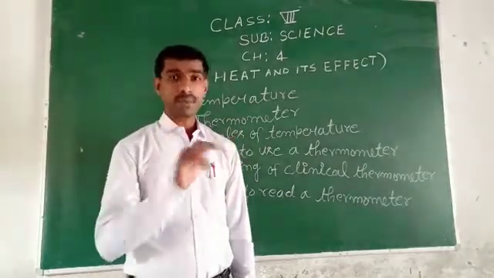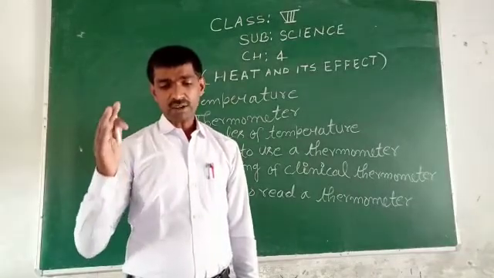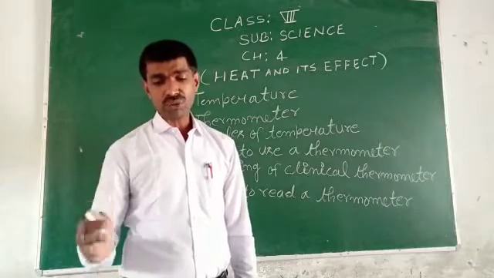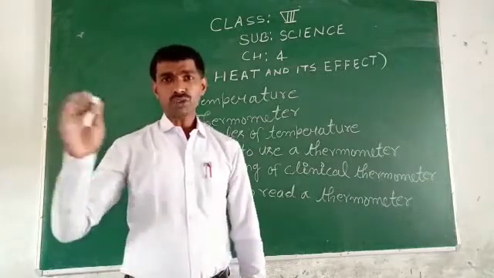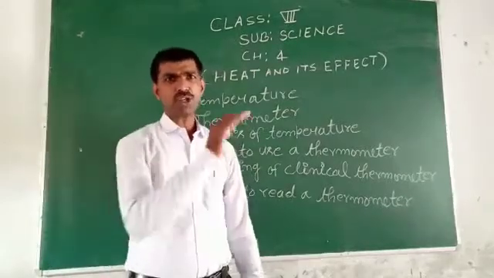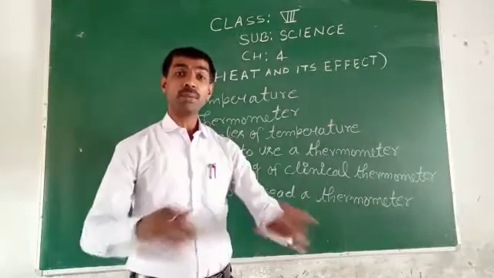The unit of temperature on this scale is Kelvin, which is also the SI unit of temperature. So, the SI unit of temperature is Kelvin, used in research work and scientific purposes.